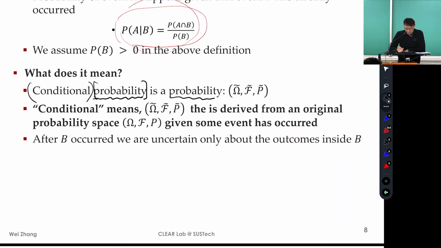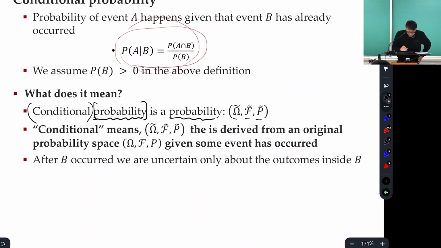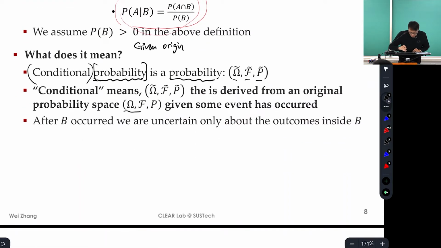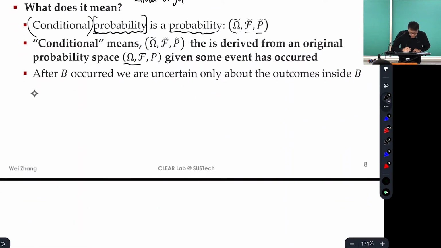Okay, the sample space, the event space, and the probability measure. Let's say we start with a probability space, okay, with its omega, F, and P.